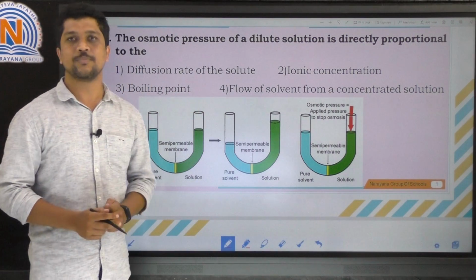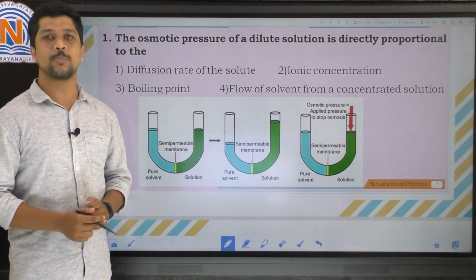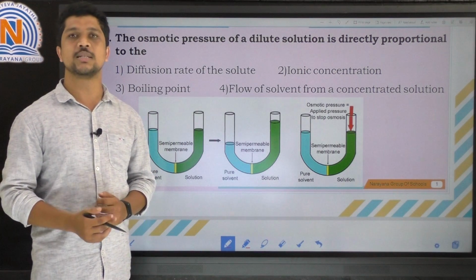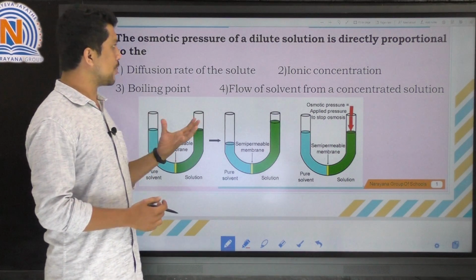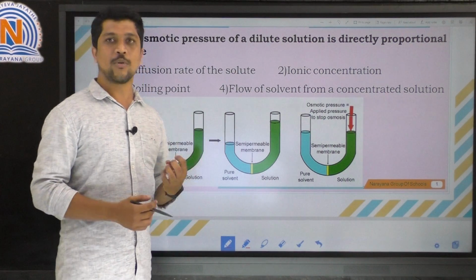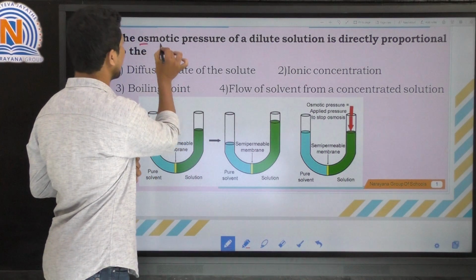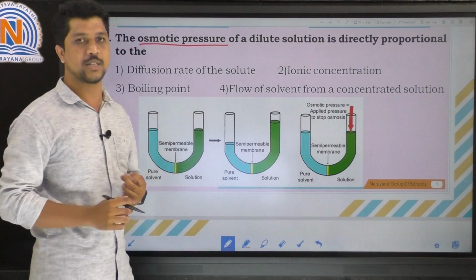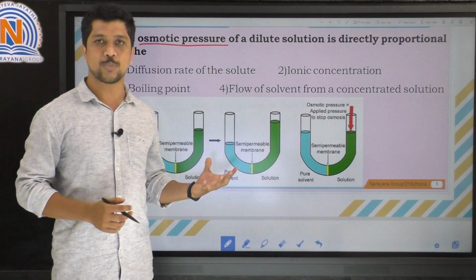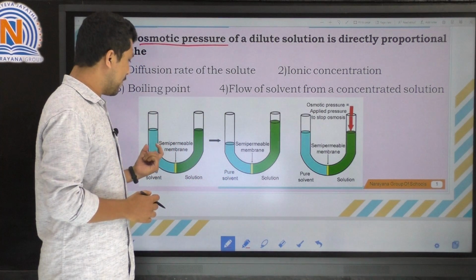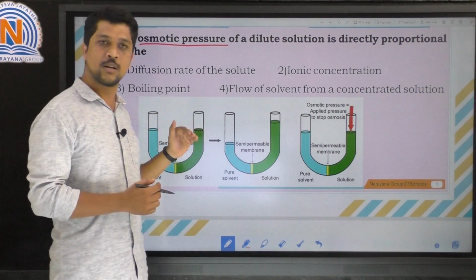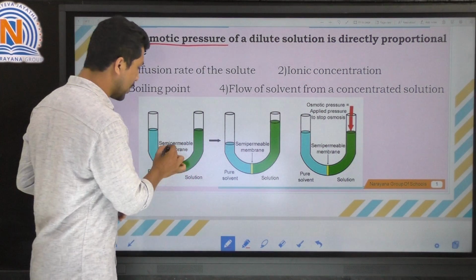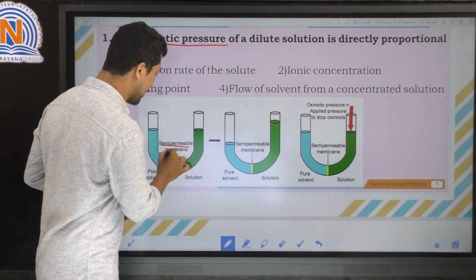Here the first question: the osmotic pressure of a dilute solution is directly proportional to the, right? Before going to the question, we need to know what osmotic pressure is. In the osmosis process, the solvent will move towards the solution through the semi-permeable membrane.